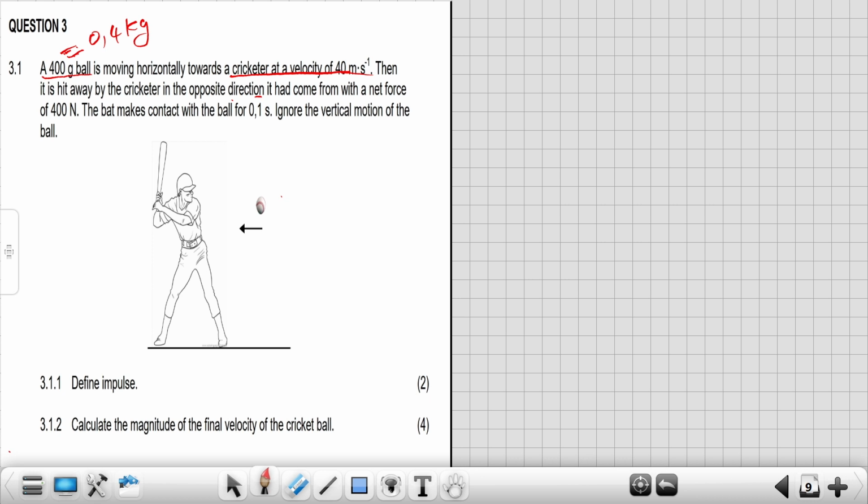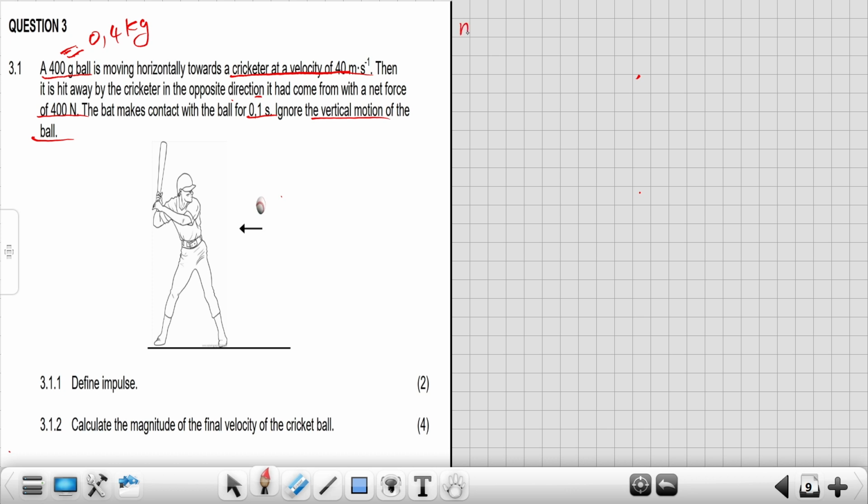Then it is hit away by the cricketer in the opposite direction. It had to come from a net force of 400 newtons. The bat makes contact with the ball for 0.1 second, and we ignore all the vertical motion of the ball. So I will have my data to understand it fully.